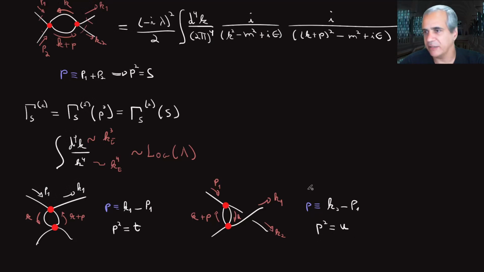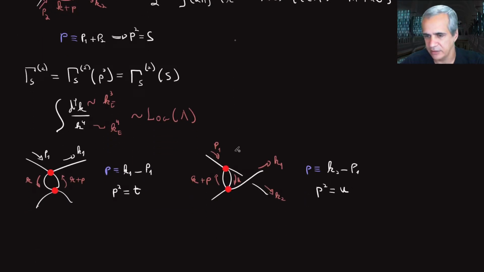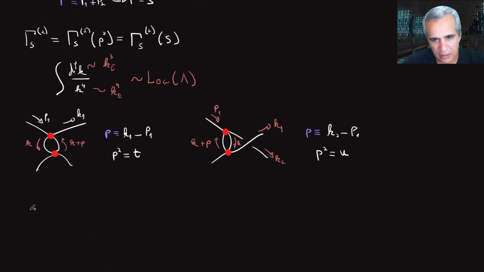That means that I can drop this notation that I put here and just write I gamma 2 as, I just drop S, T and U as labels and just call this gamma L, L just to differentiate from this guy, otherwise confusion would arise, right? And from the total gamma 4-point function too.